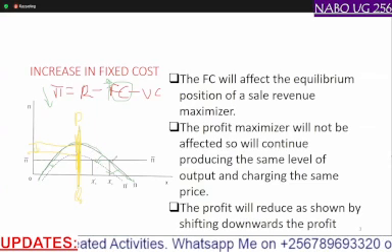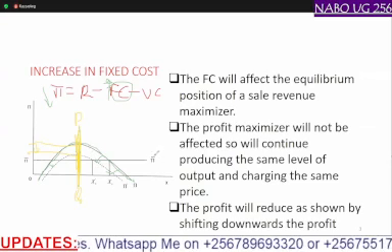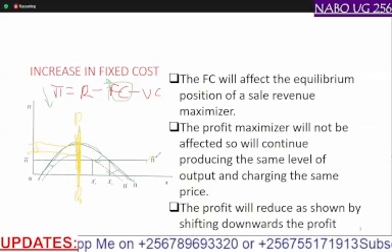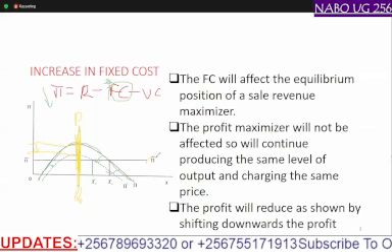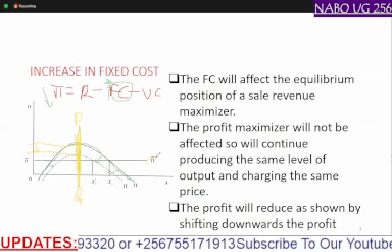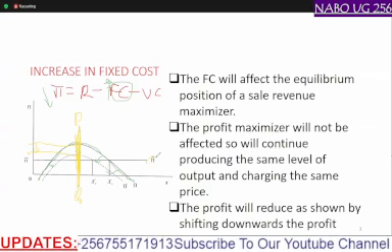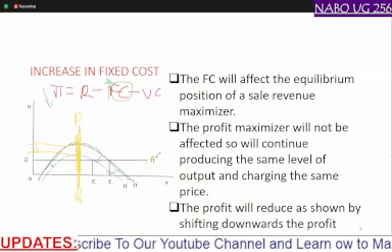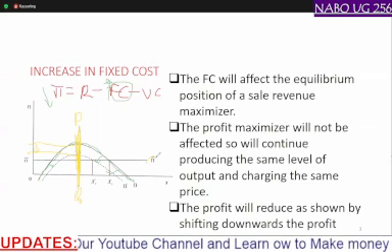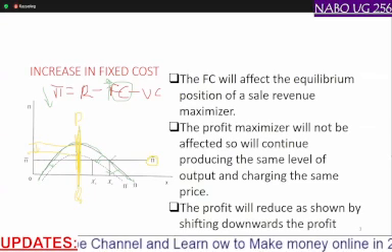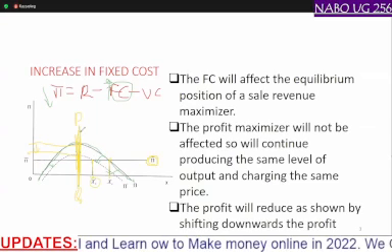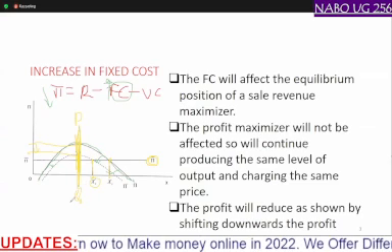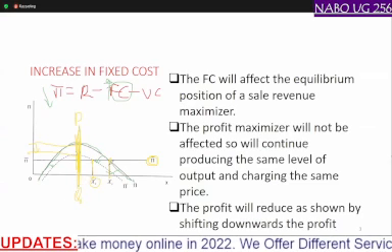Now, the sales revenue maximizer, remember, this is the constraint, the minimum profit. The fixed cost does not affect the profit maximizer because it will continue producing the same level of output.